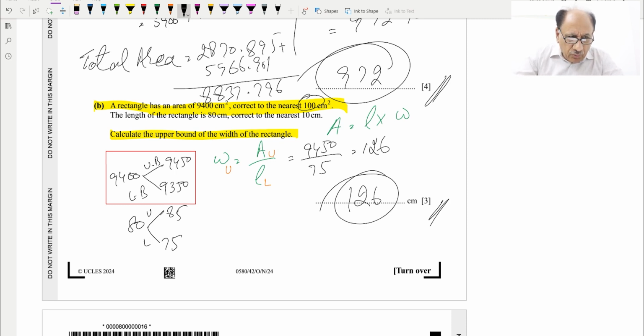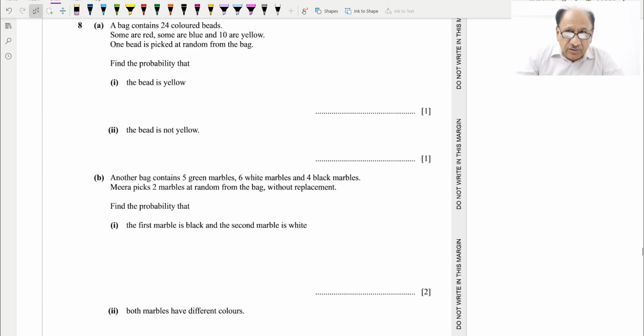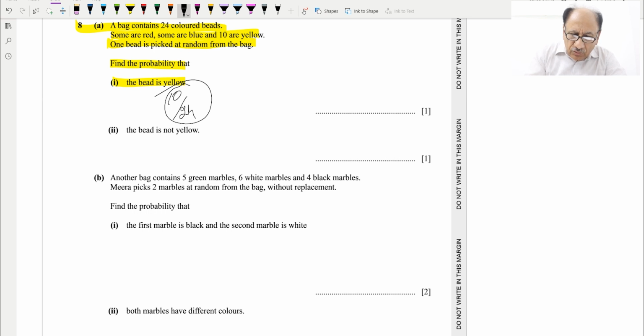Hopefully you understood this. Now question number 8 says a bag contains 24 colored beads. Some are red, some are blue, and 10 are yellow. One bead is picked at random from the bag. Find the probability that the bead is yellow. There are 10 yellow out of 24, so 10 by 24 will be our answer, or you can simplify that to 5 by 12.